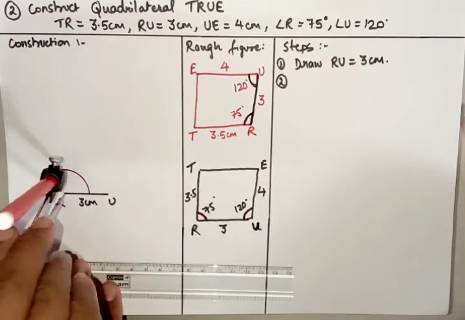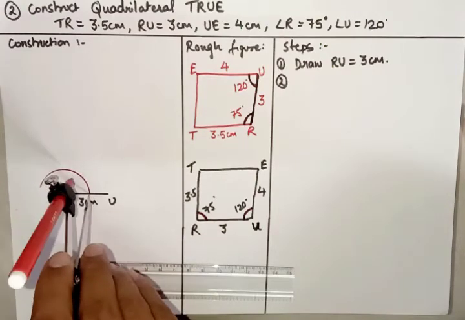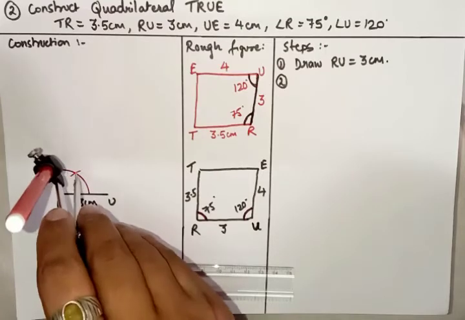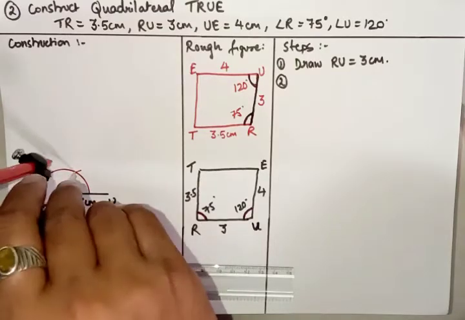Okay, an arc I have drawn. Now keeping at this point, I will draw the first arc which is of measurement 60 degree, the second arc which is of measurement 120.